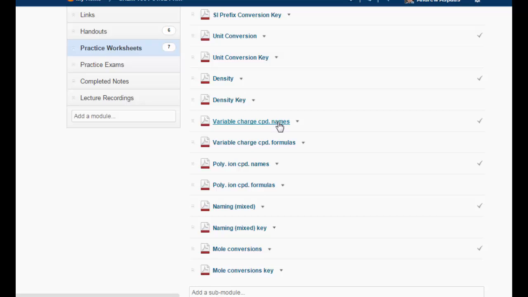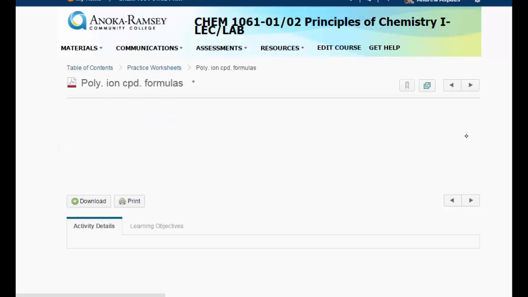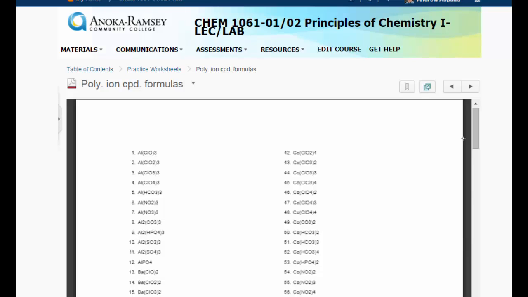So this one is just a big, huge, long list of names that you have to write formulas of. This one is that same long list, but it's formulas that you have to write names of. So you use those two as keys for each other, but be able to go both directions. These are compounds that contain polyatomic ions. Some are fixed charge, some are variable charge. You should be able to write their formulas. So big long list, just pick some from here or there, or do little blocks of them, whatever.